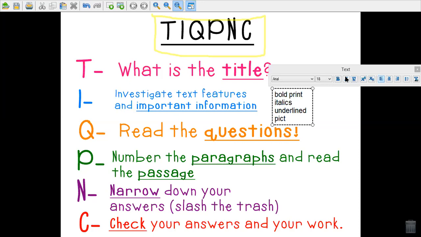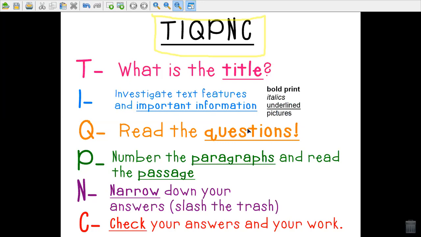Those are good ones. Any of these are good text features that stand out. Those are things we are going to focus on before we even start reading the story, because we know it's going to be really, really important.